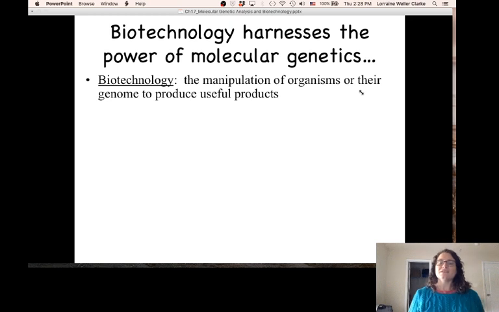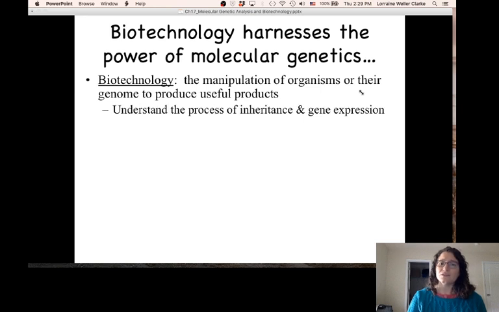So biotechnology harnesses the power of molecular genetics, all the pieces that we have been discussing about how organisms fight off and also change around their genetics, and can be used to manipulate gene products to be created by bacteria, or to transfer genes from one organism to another. This can create useful products. We can also understand the process of inheritance and gene expression by doing this.